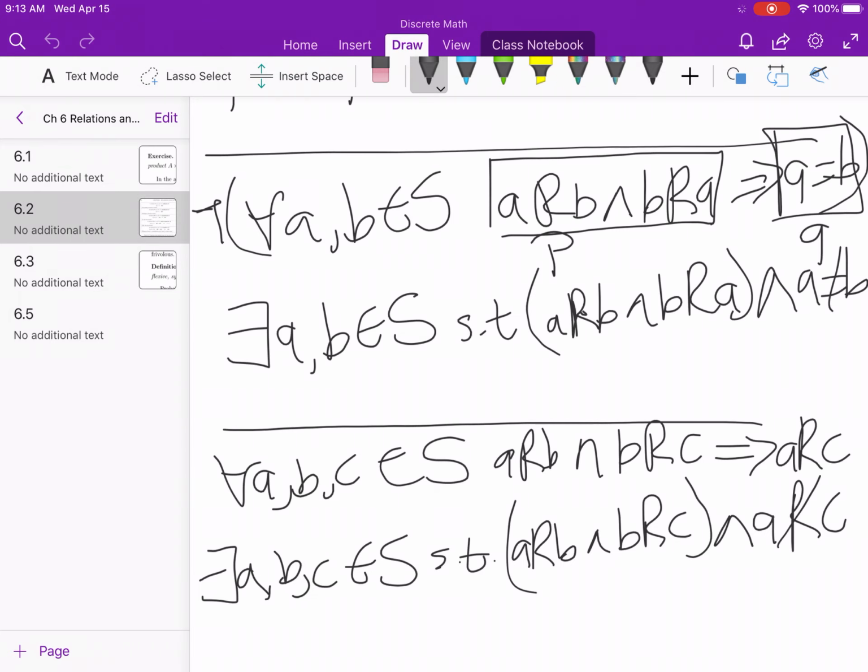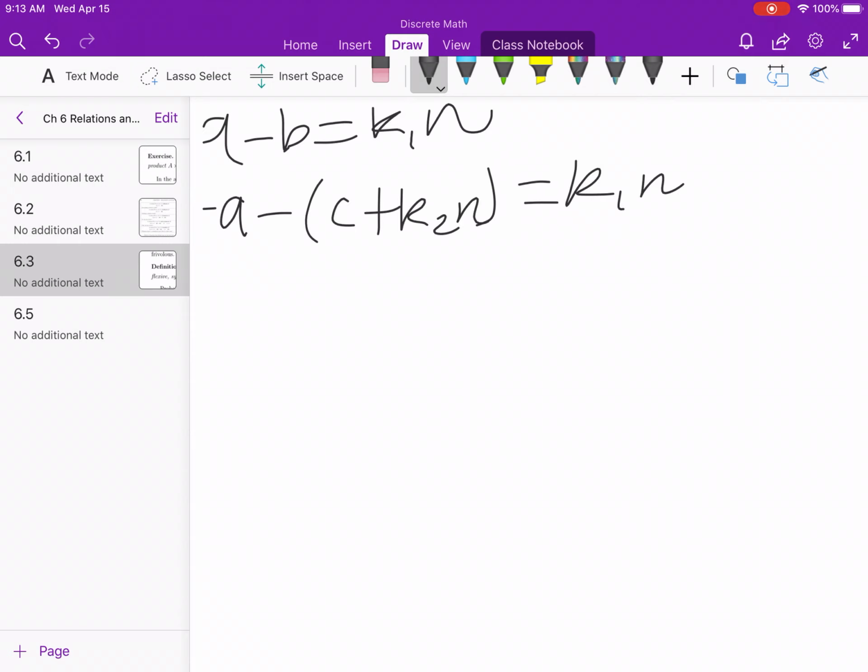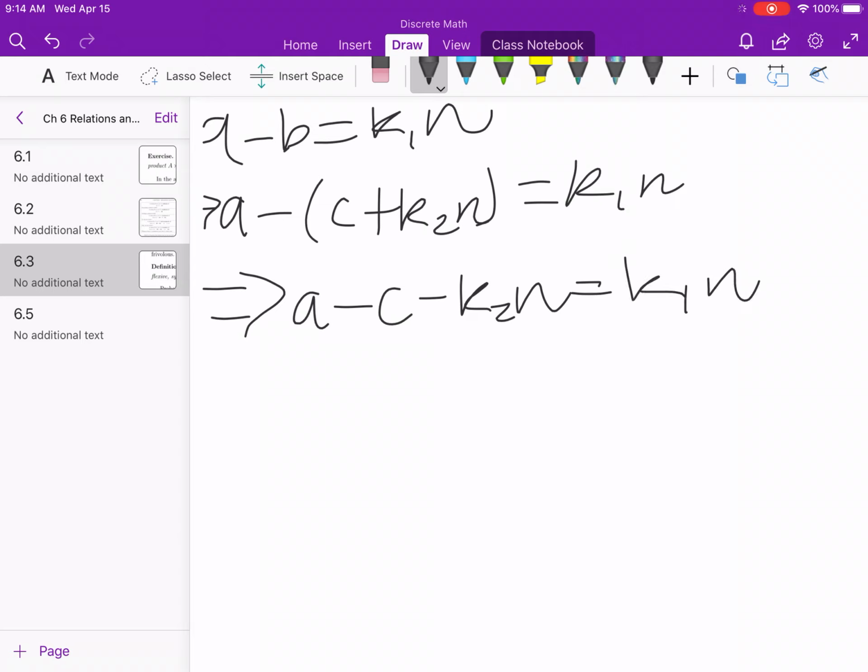I guess I should be doing implications here. So notice here, I'll distribute that through. I've got a minus c minus k2n is equal to k1n, and hopefully you can see where this is going. Because what I want to get at the end is that a minus c is equal to some integer value times n. So let's see if we can do that.